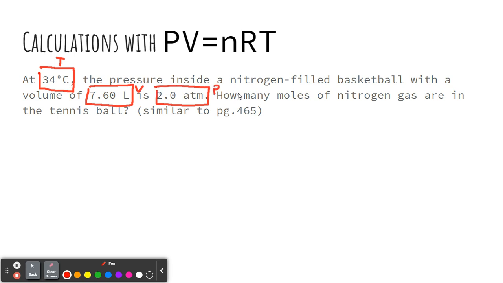That's a pressure. How many moles, okay, here's what we're solving for. That's what we want to find, of nitrogen gas are in the basketball.